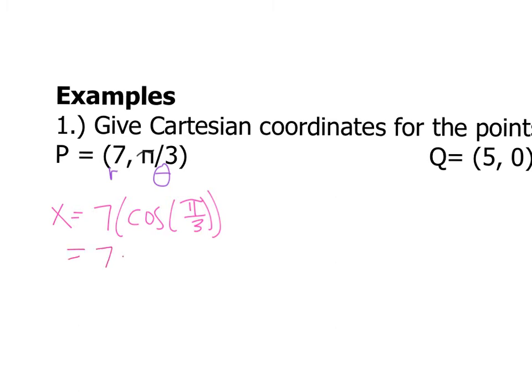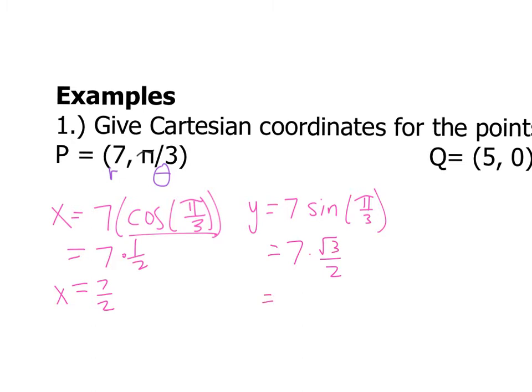So this is 7 times 1/2. Cosine of pi over 3 is 1/2. So that x coordinate is 7 over 2. Similar thing for y, we're going to take 7 times the sine of pi over 3, again using our unit circle to evaluate sine of pi over 3, which is radical 3 over 2. So we're going to write this y coordinate as 7 radical 3 over 2, and then finally just taking those two values, writing them in an ordered pair.